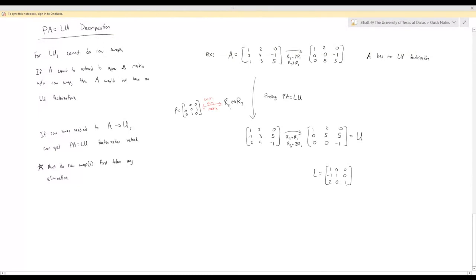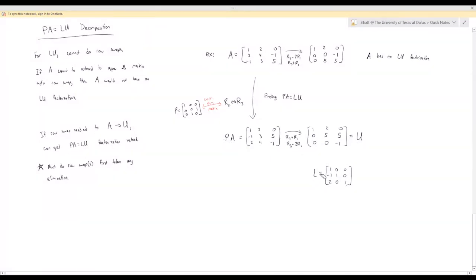And remember how doing a row operation on a matrix is equivalent to multiplying that matrix on the left by the corresponding elementary matrix. So in other words, this matrix here is the product PA.